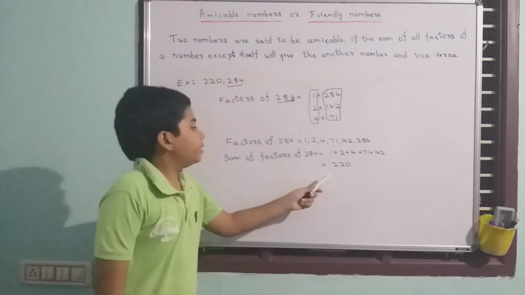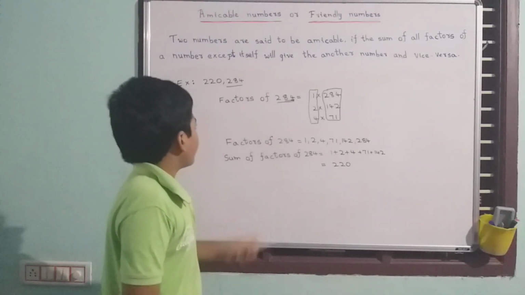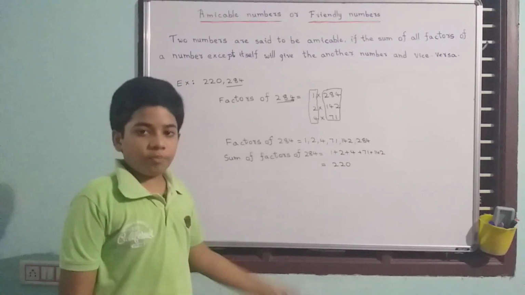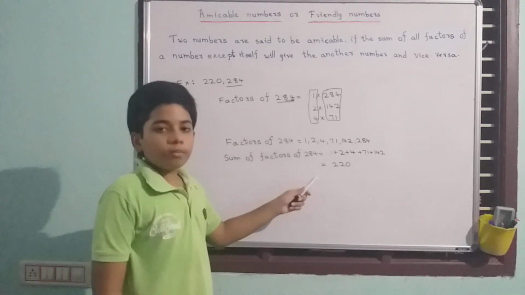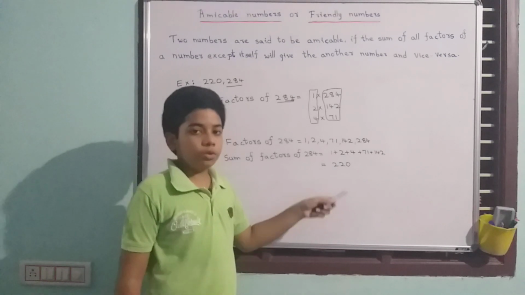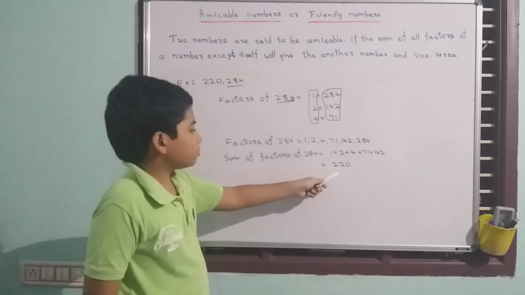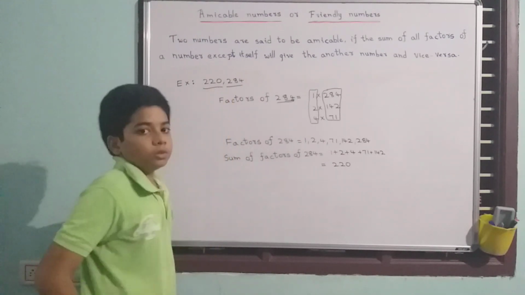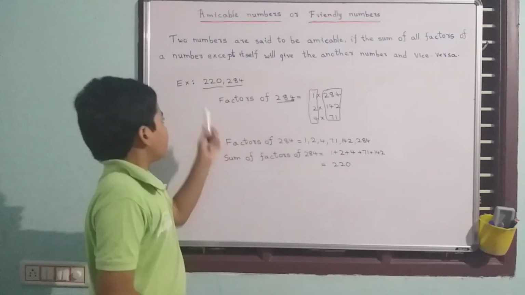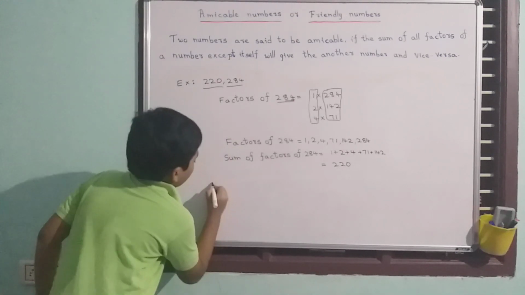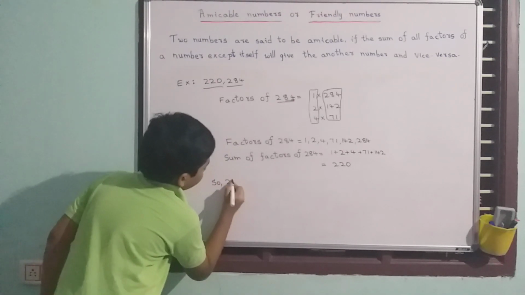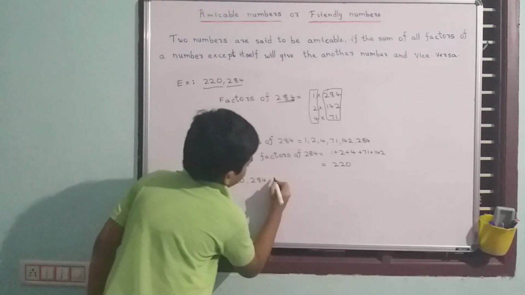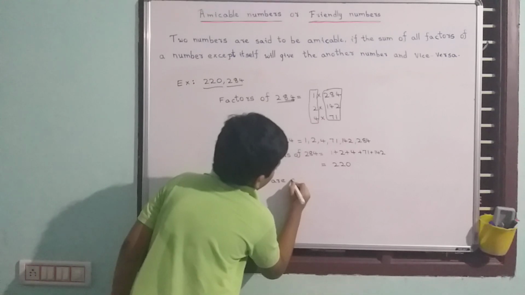I told you in the beginning that after writing the factors of B, we have to add the factors of B. After adding, the sum has to be equal to A. So 220 is equal to A, that is 220. So 220 and 284 are amicable numbers.